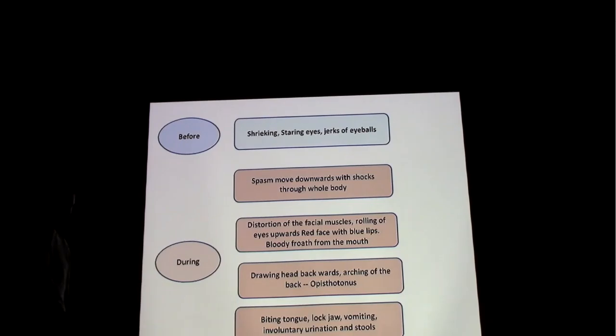Okay. Now we'll quickly look at what will happen after. Any idea what happens after? Now if you read tonic-clonic seizures in your medicine, please go back home and just read convulsions. You have something called post-ictal phase.